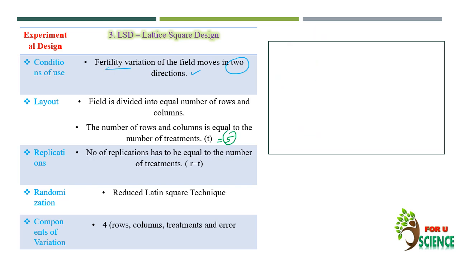So we divide the field into an equal number of rows and columns.